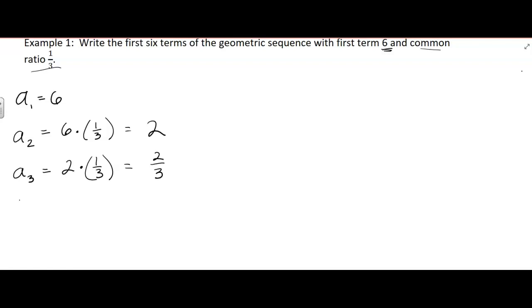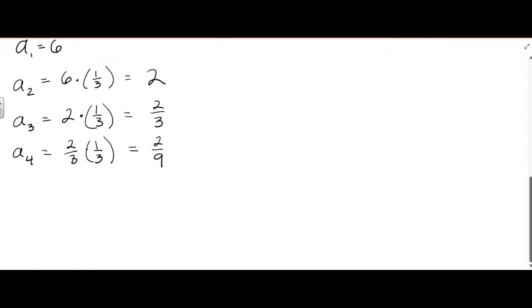So I get 2/3. The next term is going to be 2/3 times 1/3. So every time I'm multiplying by that common ratio. So I'm going to get 2/9. And I'm supposed to do 6 terms, right? So the fifth term, 2/9 times 1/3, which is going to be 2/27.